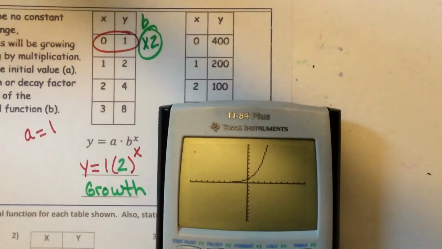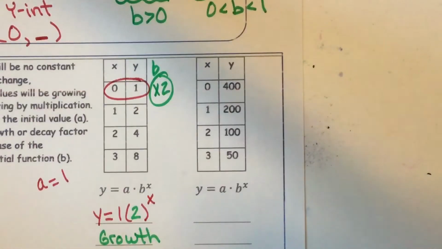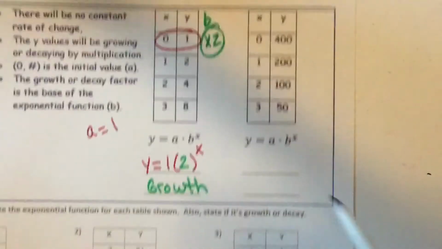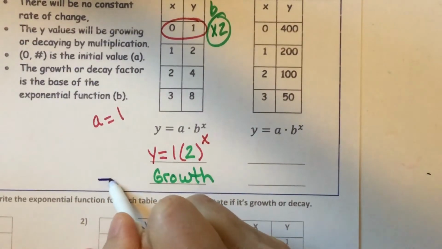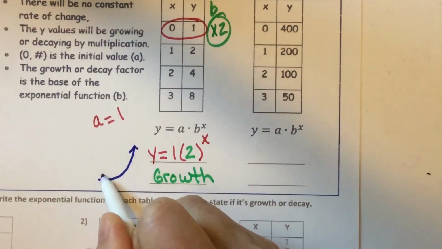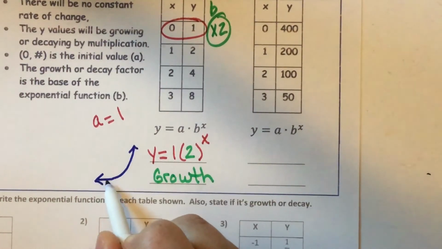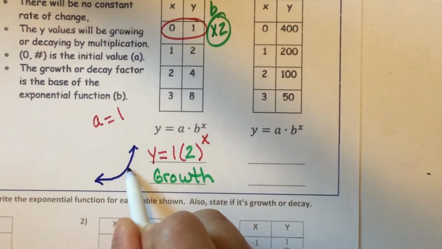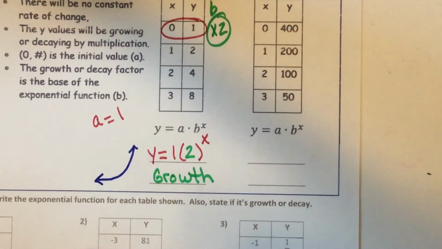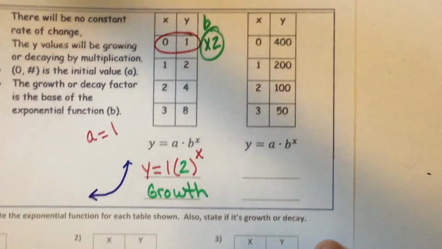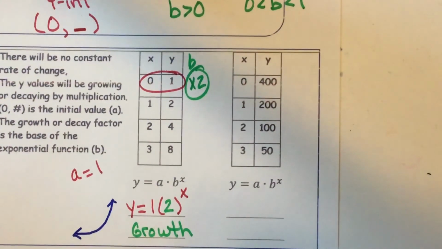I'm just going to draw a little tiny sketch beside it so you can remember what it looks like. So it just goes something like this. You don't have much of something at first, and then it just takes off and it grows really fast. Exponentially fast.